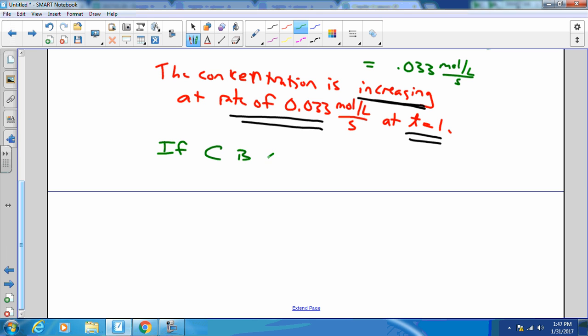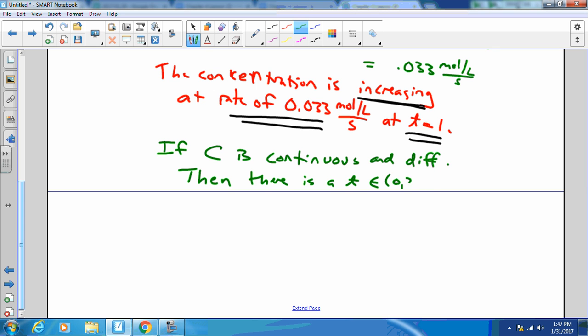The mean value theorem says yes. If C is continuous and differentiable, which is a reasonable assumption, then there is a T. I'm going to use the symbol T instead of C because C is for concentration here.